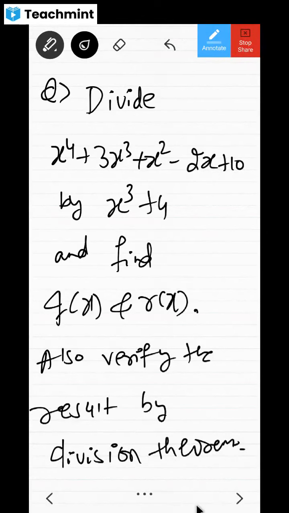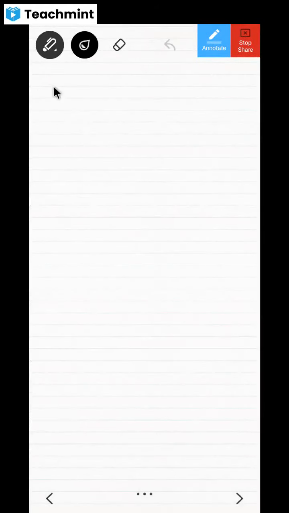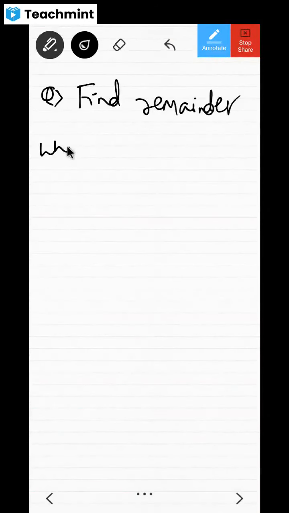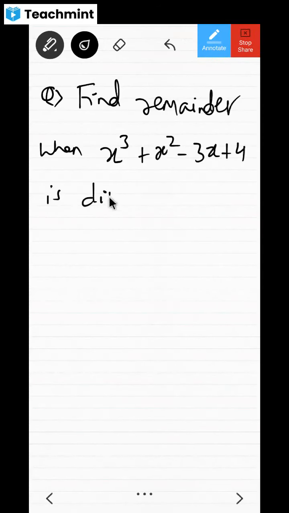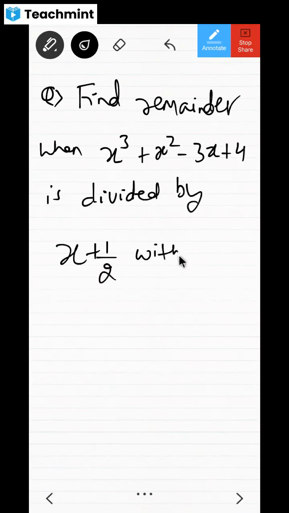Yes, sir. Shall I give you some more questions? Yes, sir. Take one more question. Find the remainder when x cube plus x square minus 3x plus 4 is divided by x plus 1 by 2, without actually dividing.